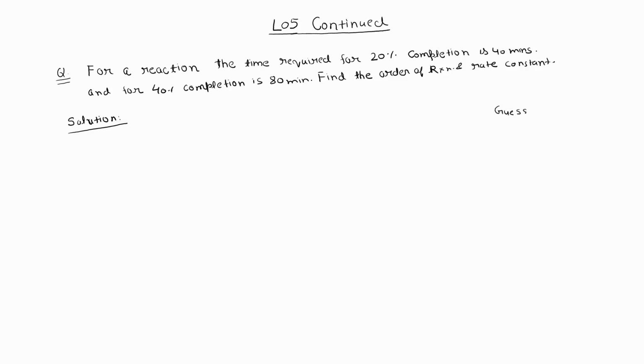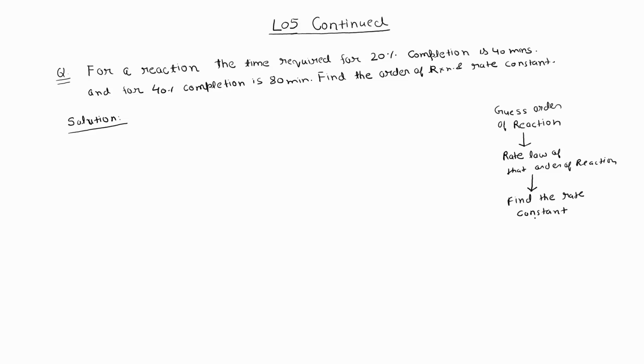Then we use the rate law of that order of reaction. Then from that rate law we find the rate constant from two different data.